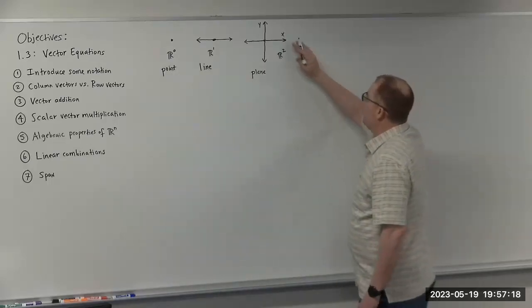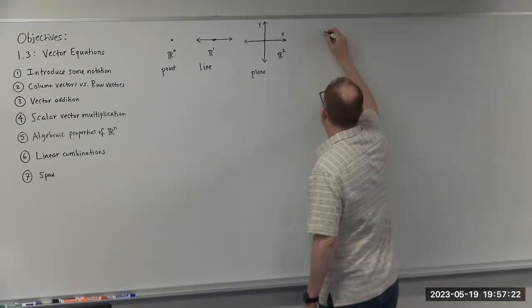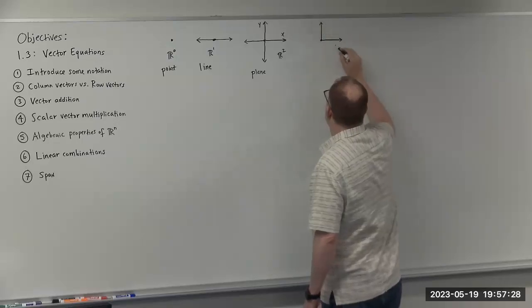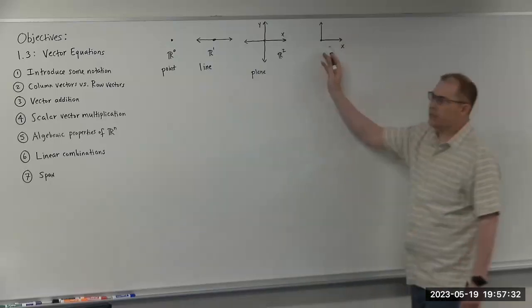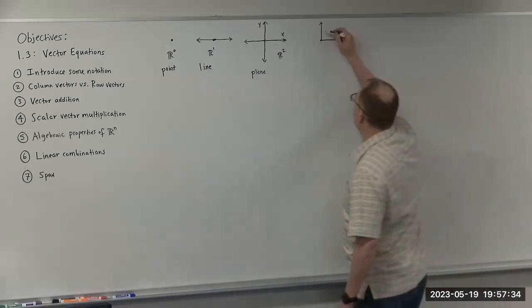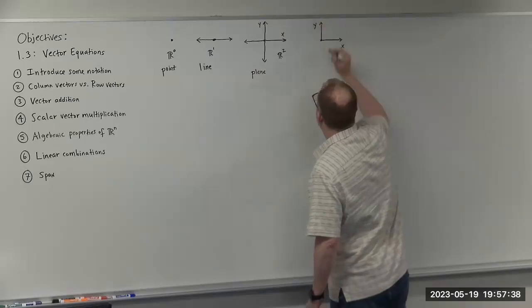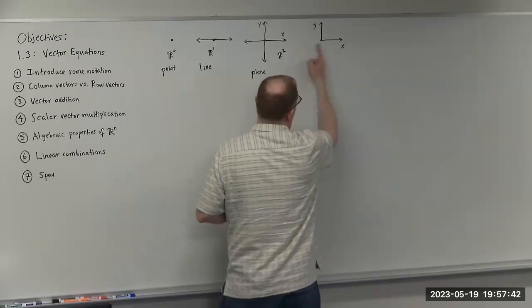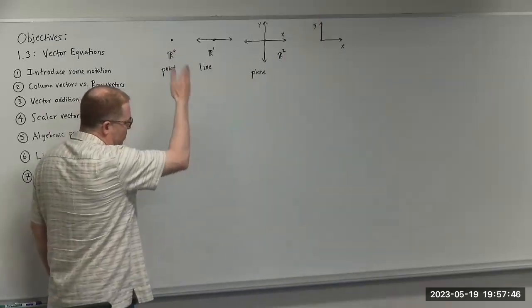Extending on this idea again, let's assume this is our x-axis and this is the y-axis, and we can still move freely along the x and along the y, so horizontal and vertical.